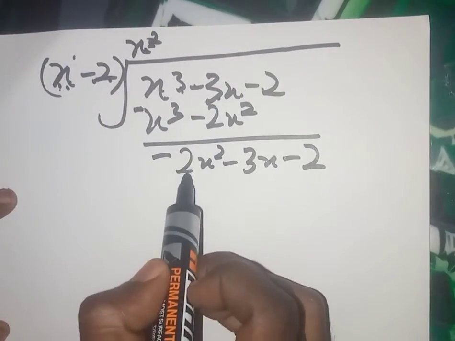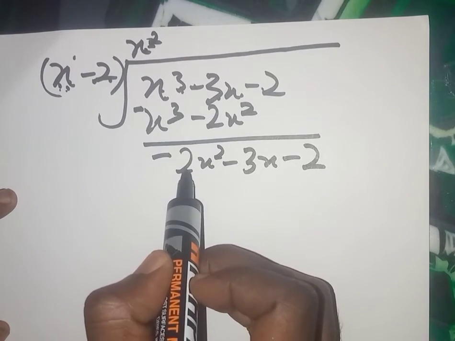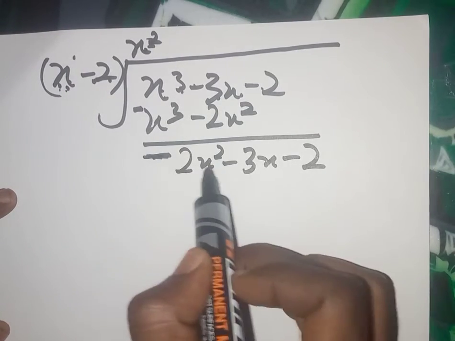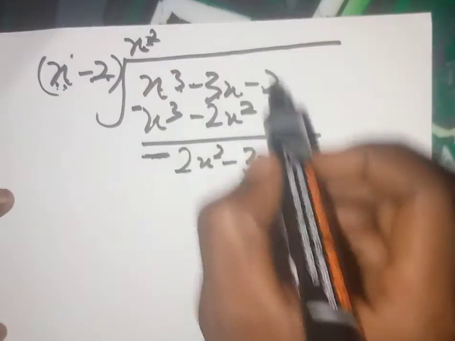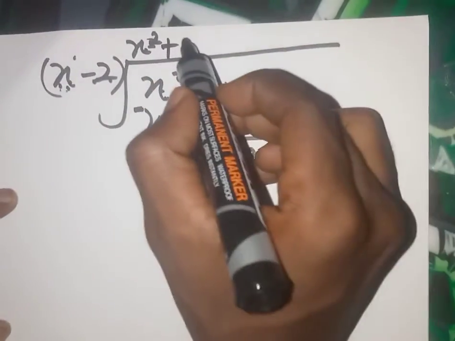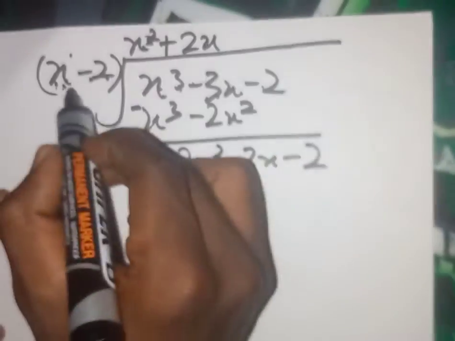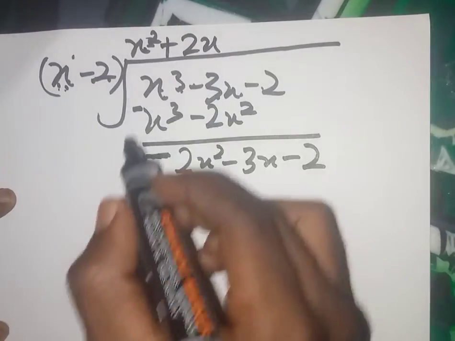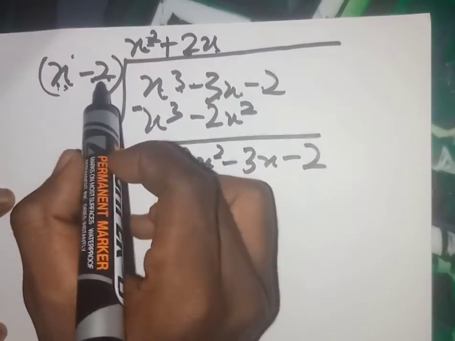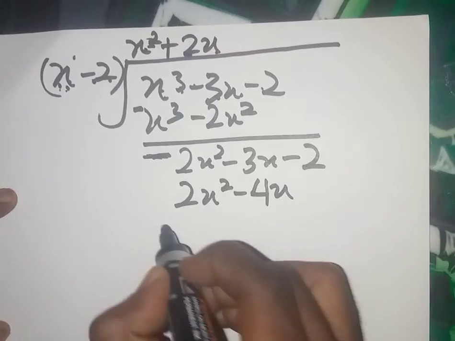Now we also have to check again. s goes into positive 2s squared with positive 2s, so multiply this with that, we have 2s squared here, and then 2s multiplied by minus 2 gives minus 4s in this case.